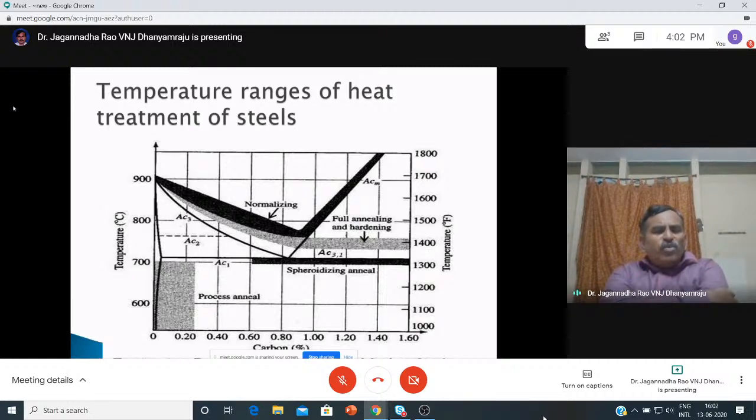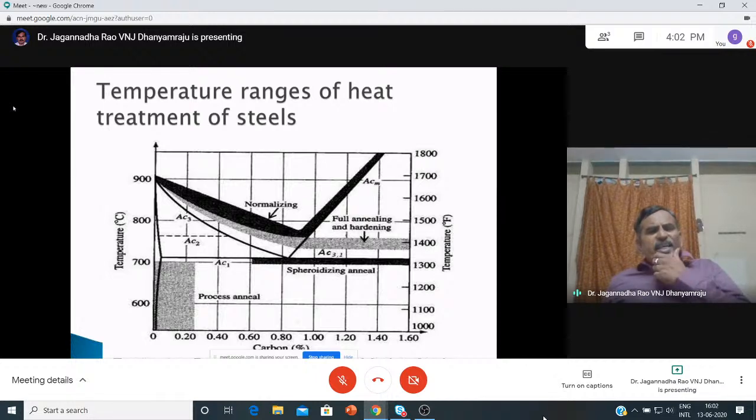There you have ferrite, and on the right hand side, representing 1.6% carbon, you will have cementite. Now there are 4 lines. So AC3 is the upper critical temperature.